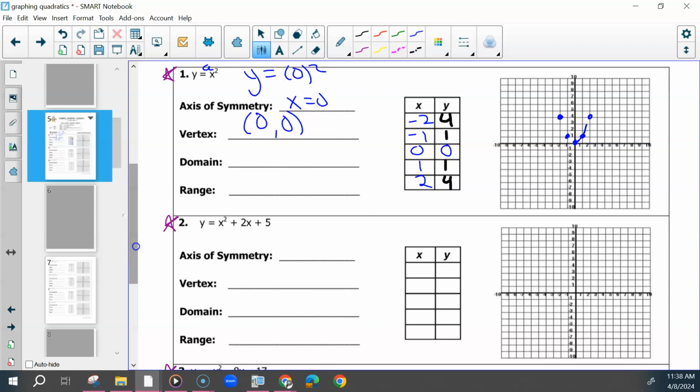So this will tell you exactly how wide it will be. Notice that we didn't draw in the axis of symmetry, but I can see that at x equals 0, it perfectly cuts this in half. It's symmetric on both sides.